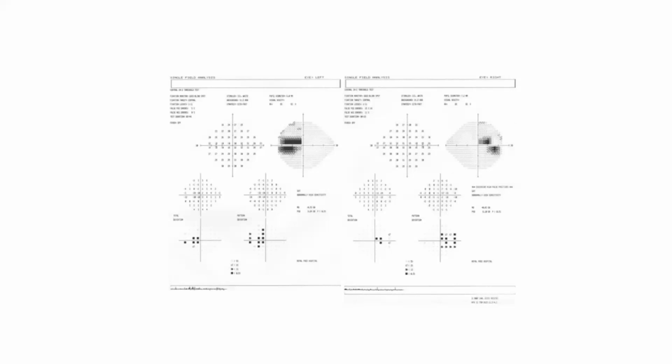Second, other than toxic optic neuropathy, healed or resolved optic neuritis, old optic neuritis in both the eyes. Can you give 2 or 3 more differential diagnoses?